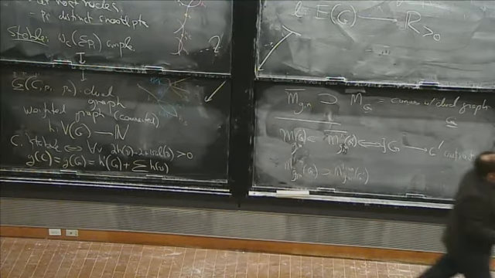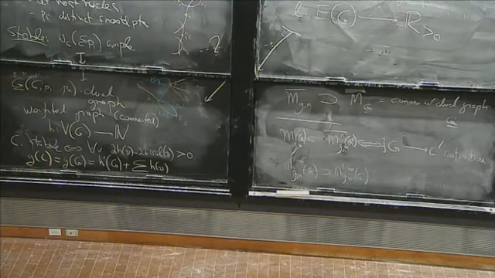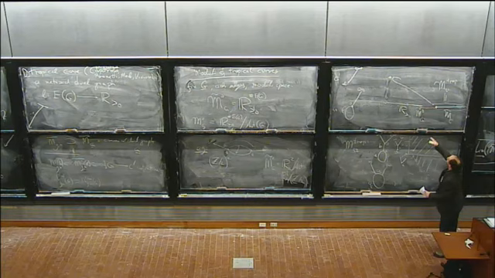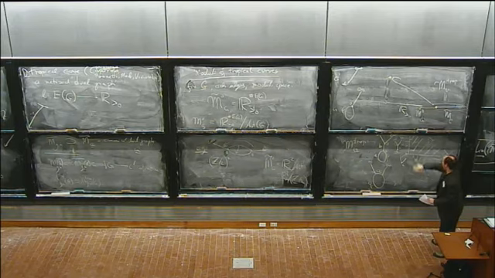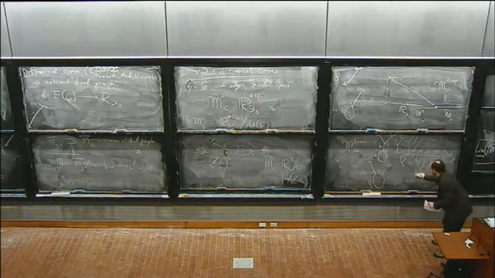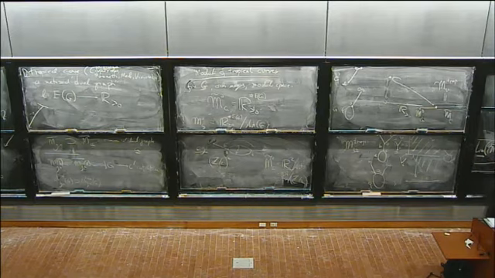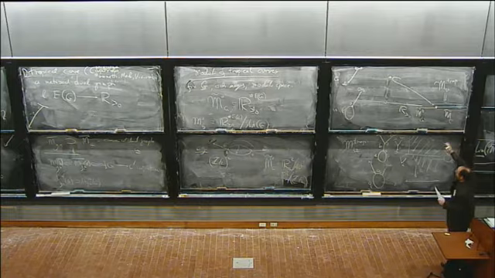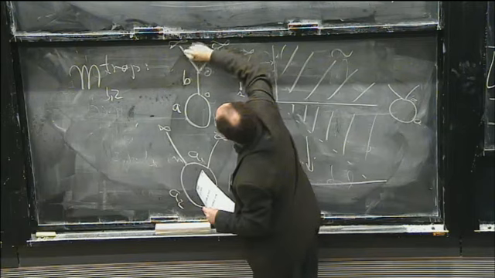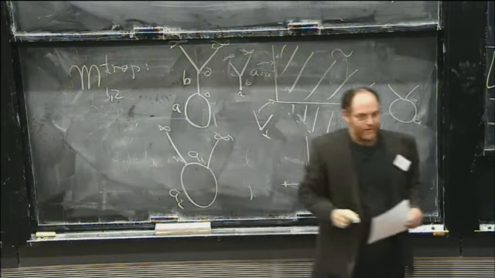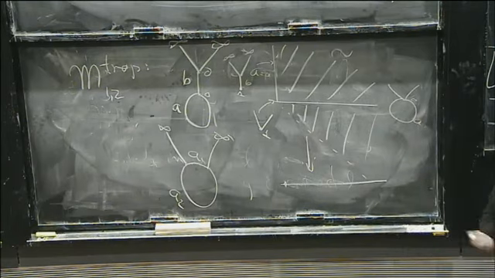I'm not going to get into it, but there is in fact a map from M_{1,2} tropical to M_{1,1} tropical, which is this projection. You forget the second marking, and you glue the edges to stabilize, to make a stable tropical curve.